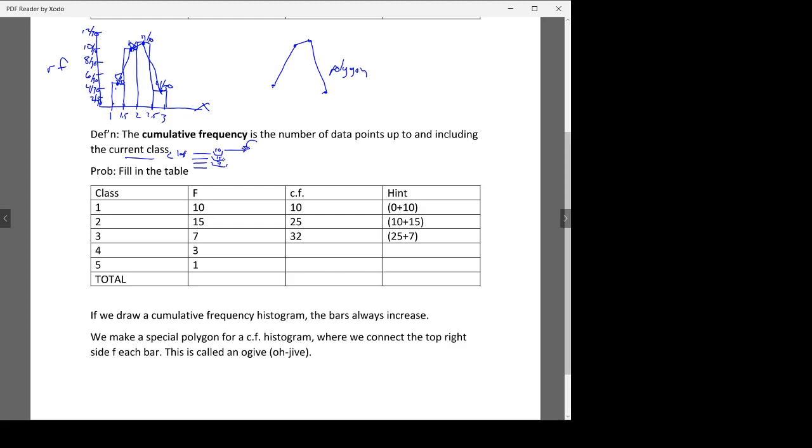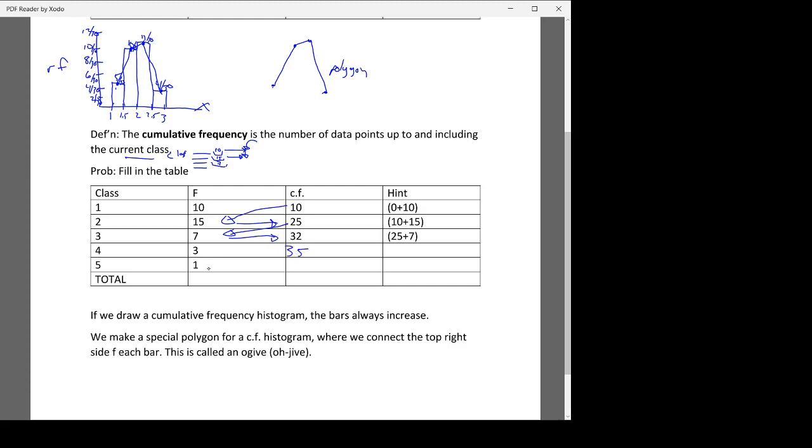So you grab there. So after the first row, you got 10 because you picked up the first basket. Then the second row, you already have the 10 basket, but you pick up 15 more. So you have a total of 25. So I added the 10 and 15. Then the third row, you've already got 25, so you add 7 more, and you have 32. And 32 plus 3, 35, right?